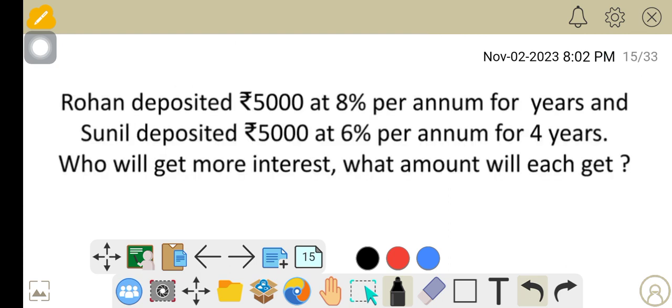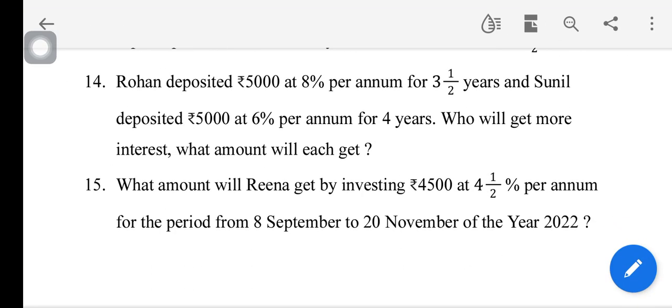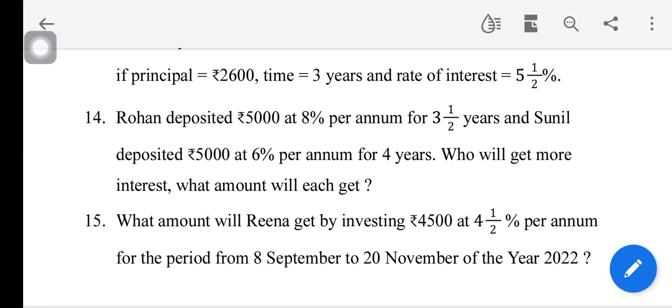Now the next question, Rohan deposited 5000 at 8% per annum for 3 1 by 2 years.